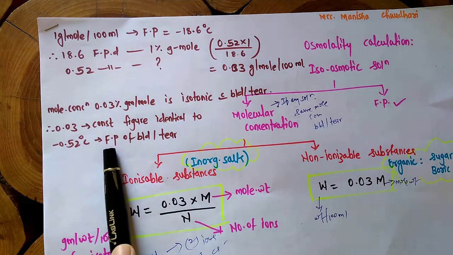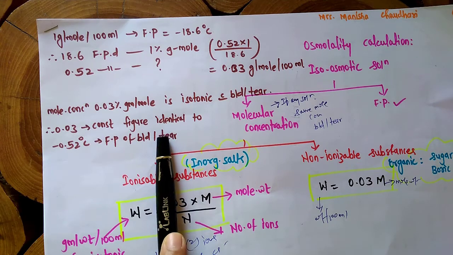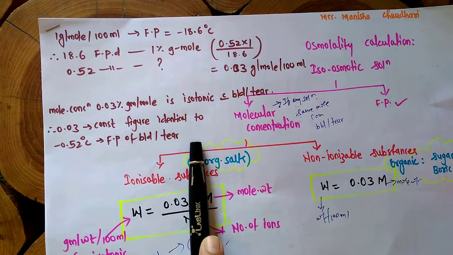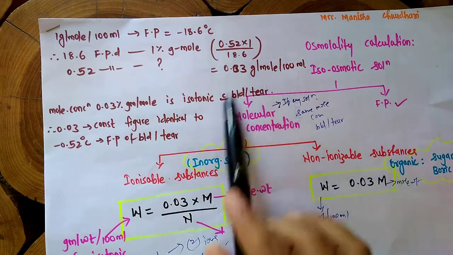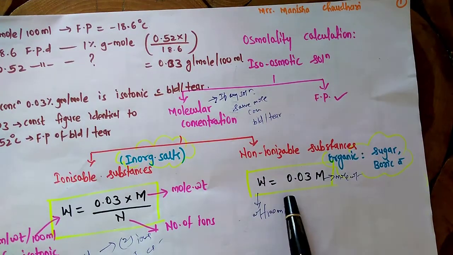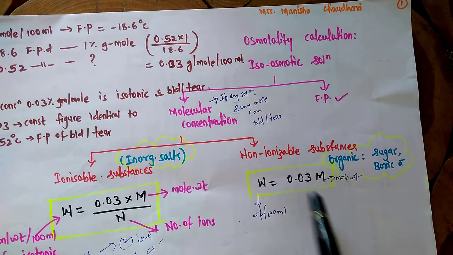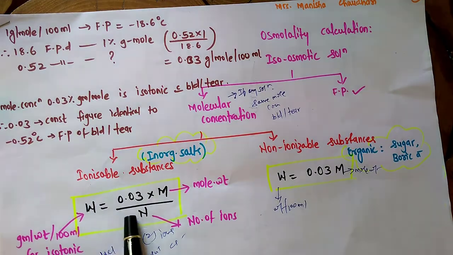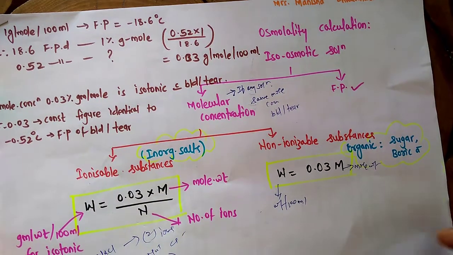Therefore 0.03 gram mole is a constant figure for blood or tear, whose freezing point is −0.52 degrees Celsius. From this we got the 0.03 value, so the formula became W = 0.03 × M for non-ionizable substances, and W = 0.03 × M / N for ionizable substances.